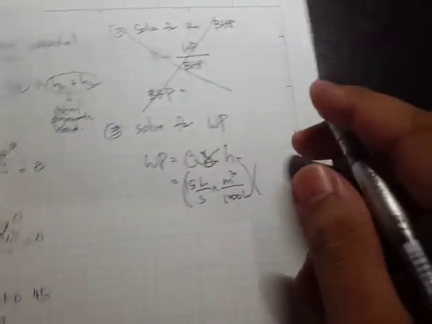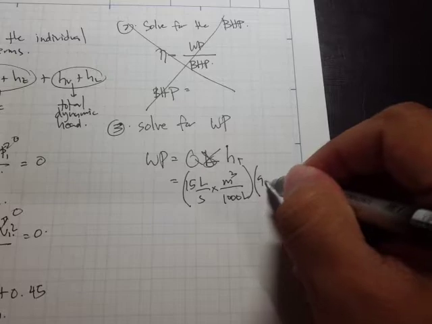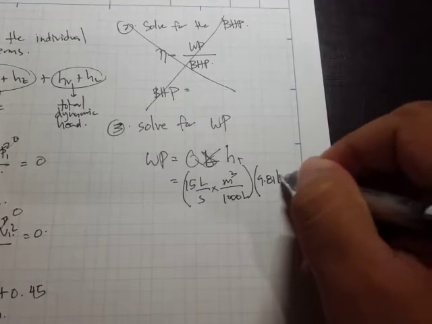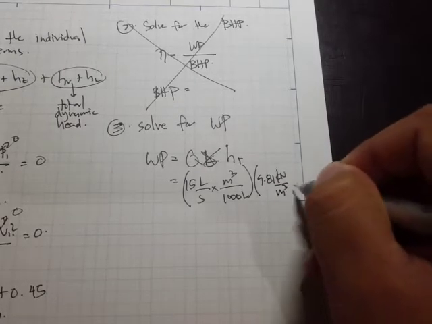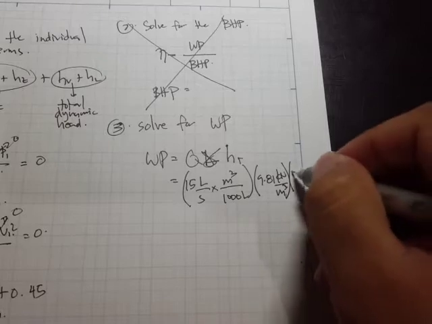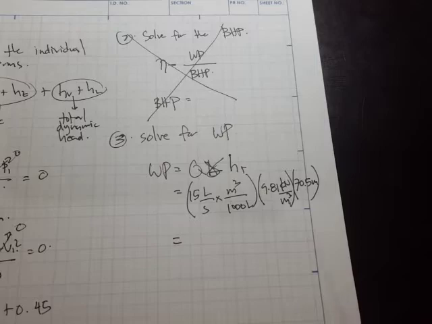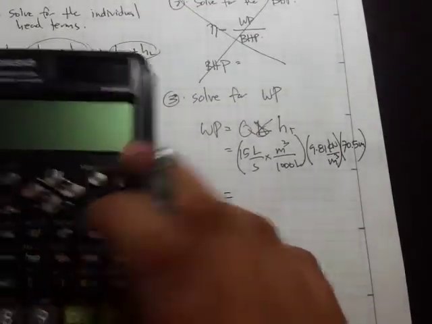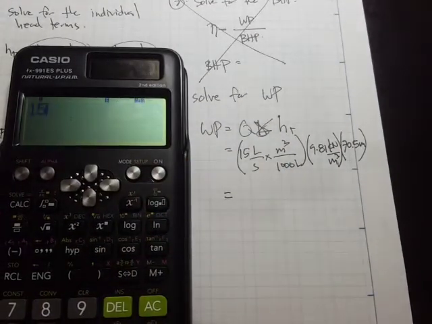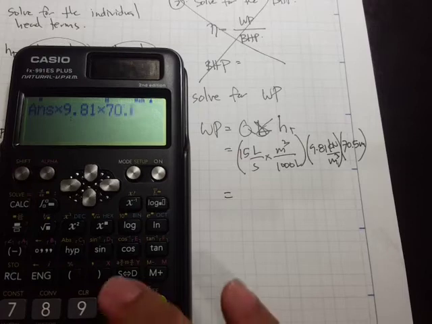Since we are in metric units, this is 9.81 kilonewton per cubic meter times the head of 70.5 meters. So 15 divided by 1000 times 9.81 times 70.5.